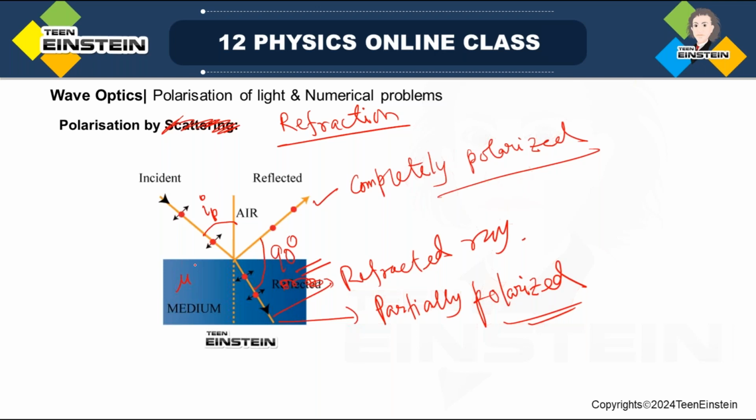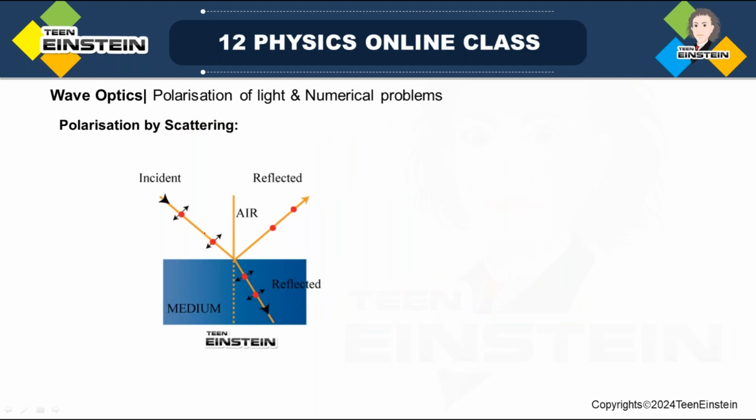Let me clean things here. Let me write, this is I_P, the incident light making an angle I_P, which is the angle of polarization. So I can write Snell's law here.